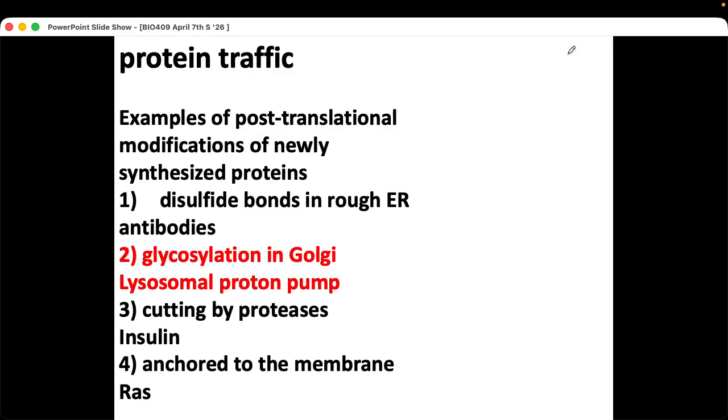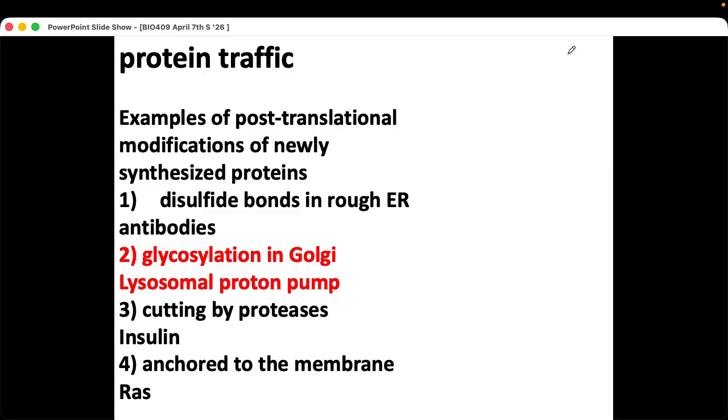Our second one is, the modification is called glycosylation, and it happens in the Golgi. Our example is that lysosomal proton pump. Glycosylation is the covalent modification of proteins where long chains of polysaccharides get covalently bonded to the protein.